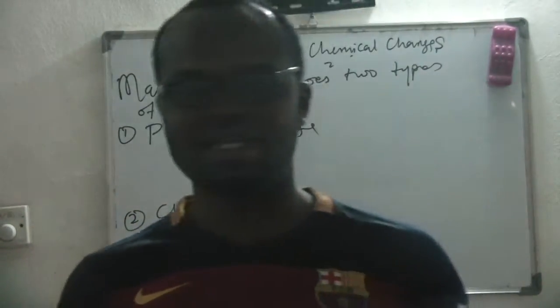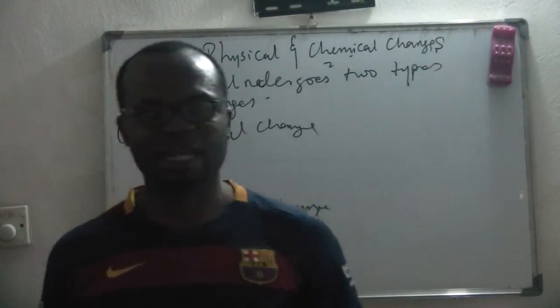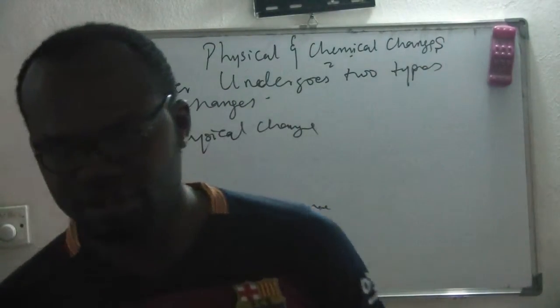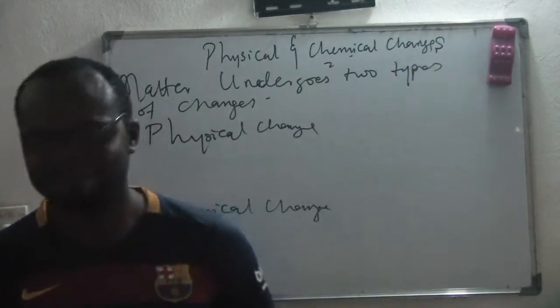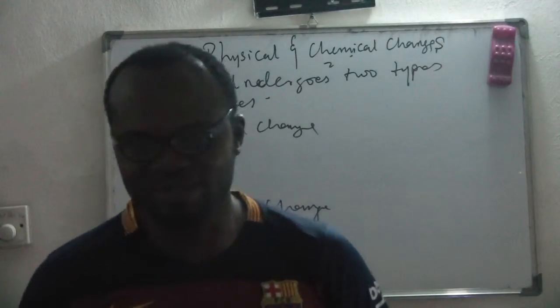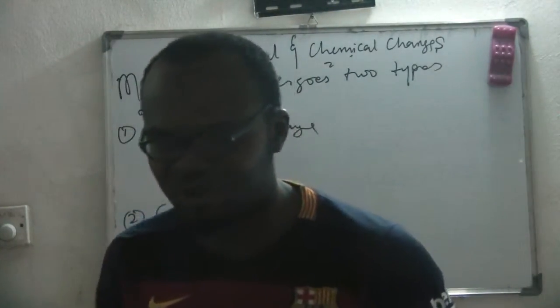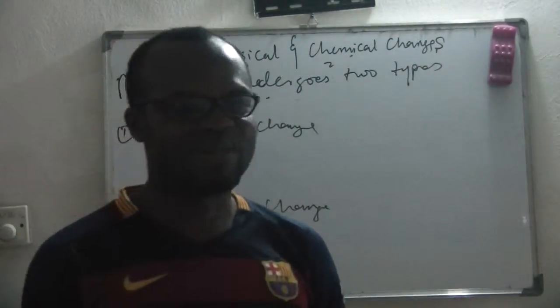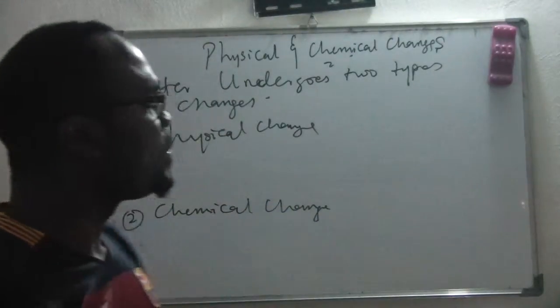And I told you that an example of matter is an ice block, because it has mass and it occupies space. Matter is anything that has mass and occupies space. Common salt, the salt you use in your house to cook, is matter, because it has weight and occupies space.